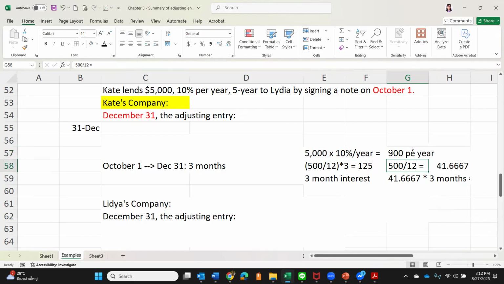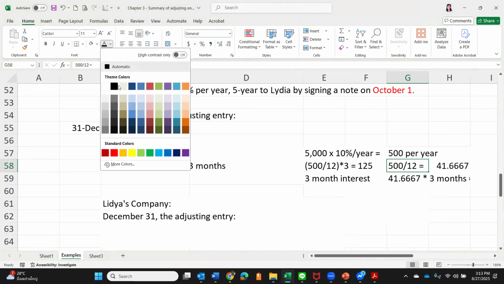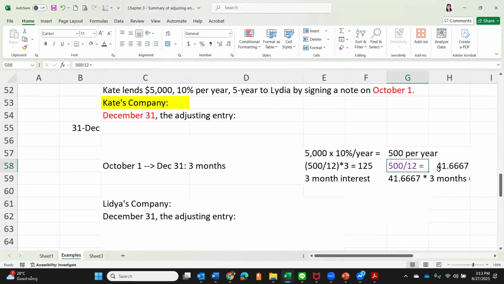If you want to find the interest amount for 3 months, we take 500 divided by 12, and that will give you $41.66 per month. We multiply this by 3 months, and that will give us 125 for 3 months.